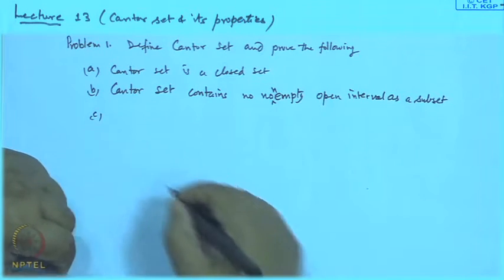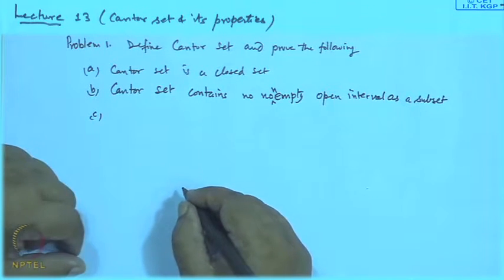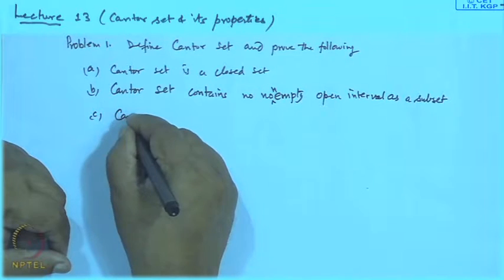As the third point, we want to prove that the Cantor set is an uncountable set.